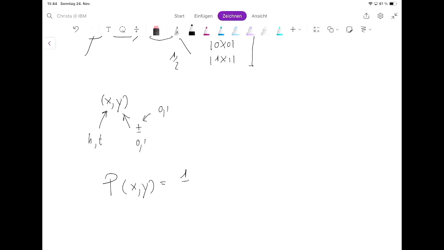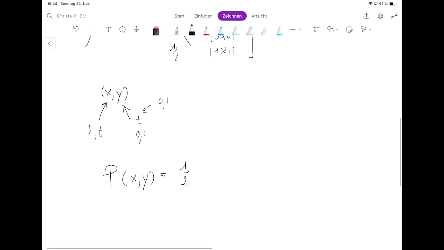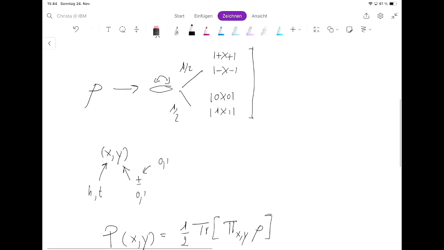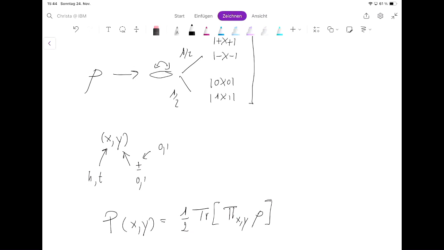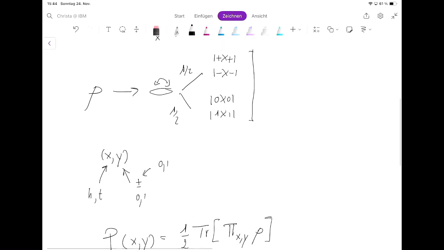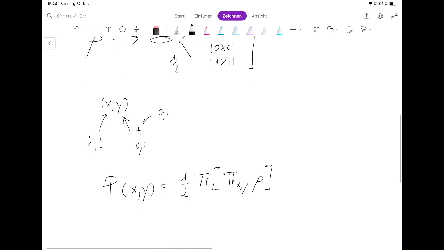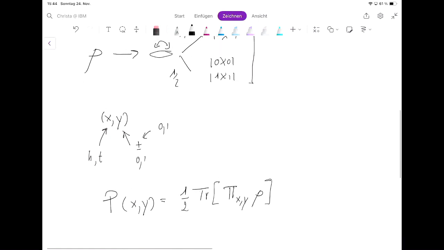So it's going to be 1/2 times the trace of a projector P_xy on rho, where the projector P_xy is essentially one of these 4, depending on whether I choose x to be heads or tails and y to be one of the possible outcomes. Okay? Sorry, y is going to be 0 or 1 in the sense of plus minus or 0, 1.